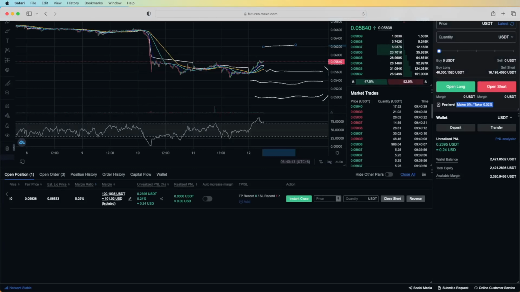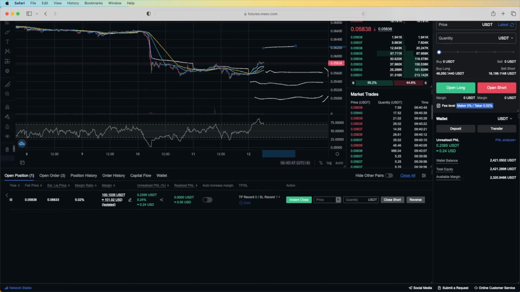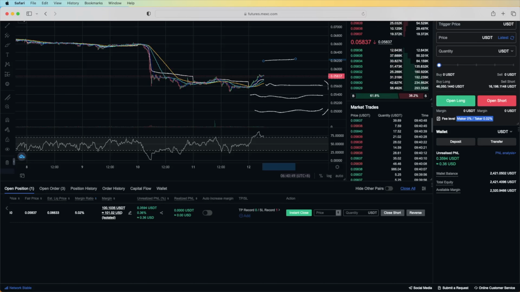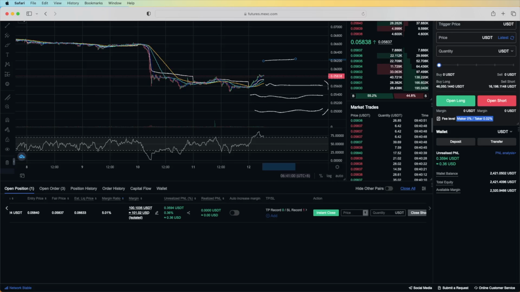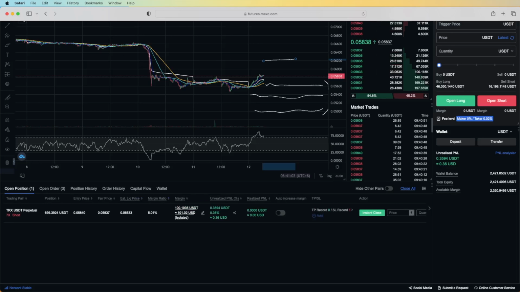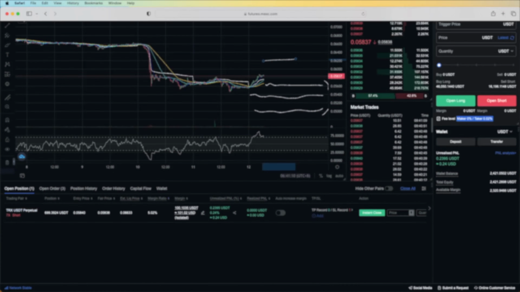And the good point of MEXC, like Bybit and BingX, you can open the hedge position. For example, you can go in the long and the short at the same time for the TRX.